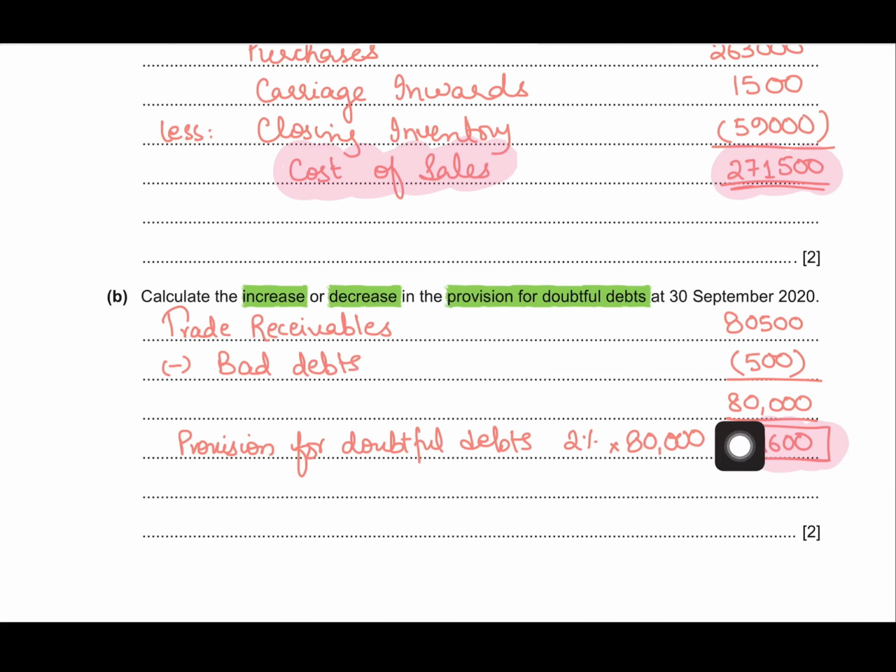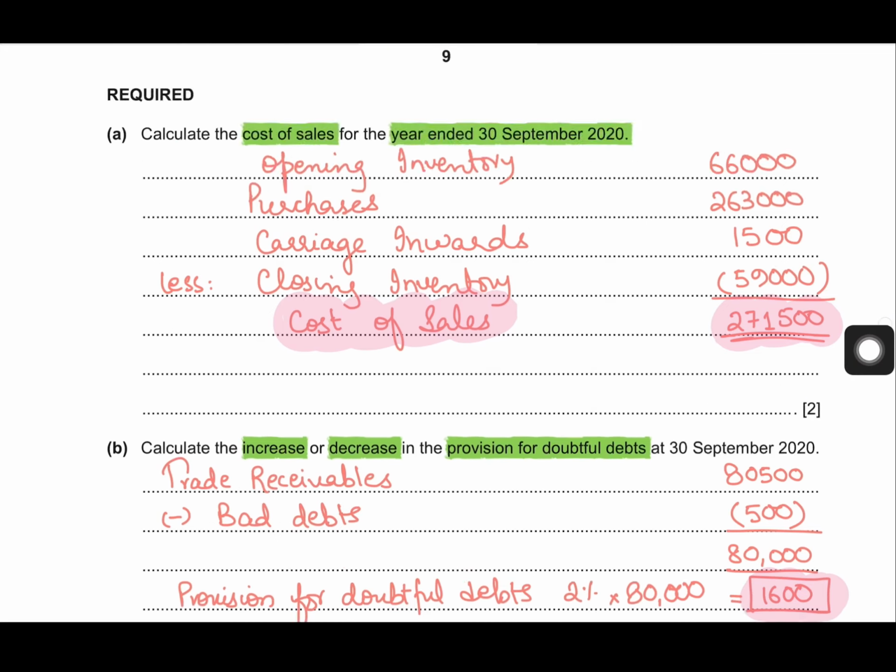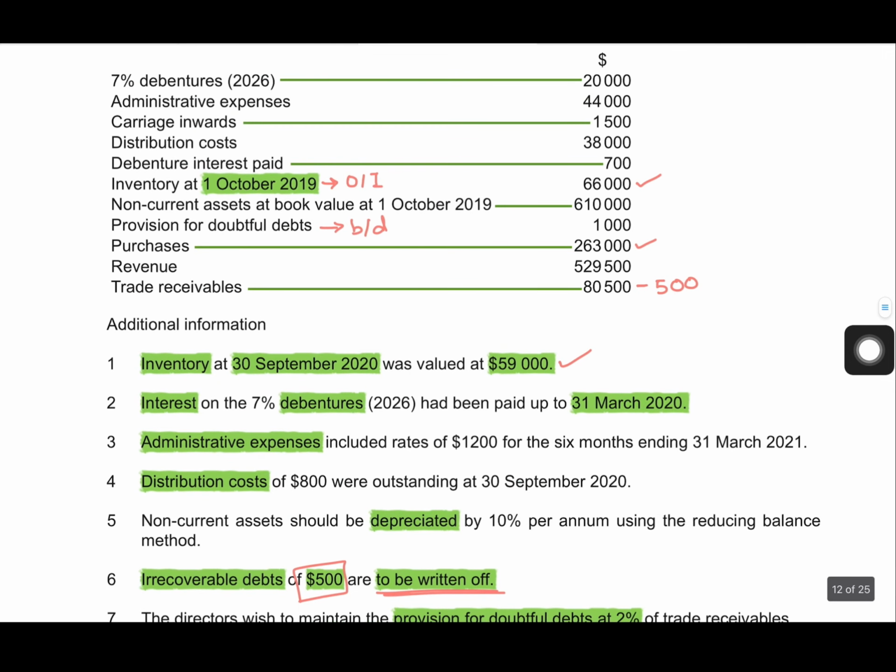Now, the question was not just to calculate the current year provision for doubtful debts, the requirement was to calculate whether it is increasing or decreasing. So, in the list of balances, the provision for doubtful debts balance brought down was given to us. This was the brought down last year provision, and that was $1,000, right?